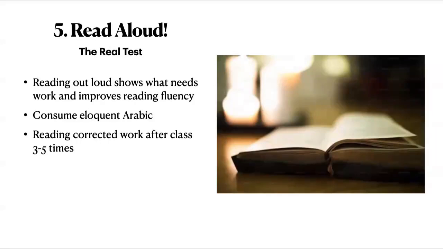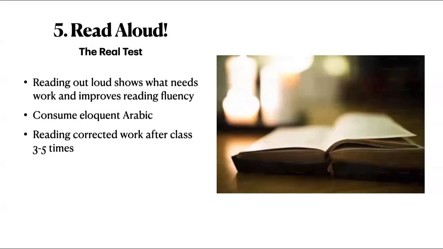We want to consume as much eloquent Arabic as we can. We want to stuff as much good Arabic in our minds. Good Arabic like writers like Ghazali's Ihya Ulumuddin, and these grammarians. So when we read Arabic, we can recognize eloquence. And so reading aloud is very important.